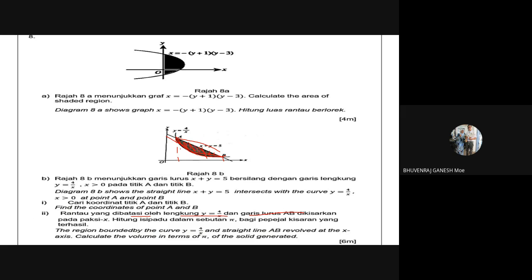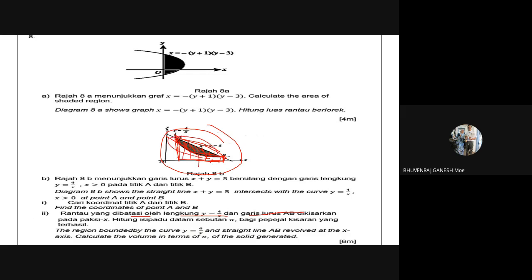Okay, so apa idea saya untuk cari isi padu ni? Saya cari isi padu seluruh segitiga ni. Kamu boleh nampak macam segitiga kat sini kan? Mungkin trapezium lah, sikit ada satu sisi kat sini. Okay, so saya kena cari seluruh isi padu ni dulu. Tolak dengan isi padu kat bawah ni. Minus the volume at the bottom.